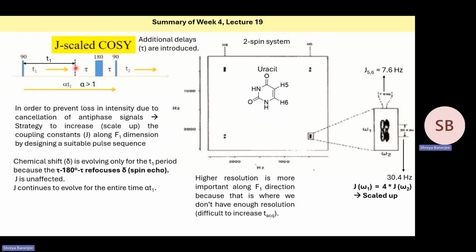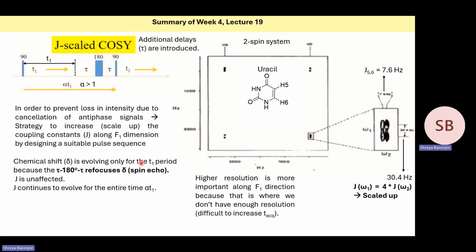But after that time T1, you can see this tau 180 tau. This is the sequence of your spin echo. And we know that spin echo will refocus the chemical shift. So chemical shift evolution is only happening in time T1, because for the rest of the time, that is tau 180 tau, the chemical shift is just getting refocused again.